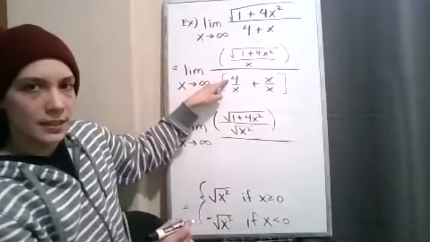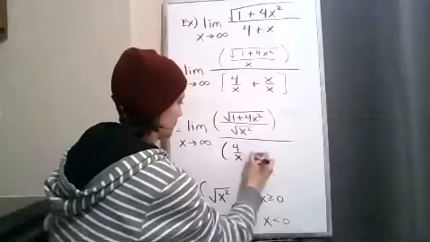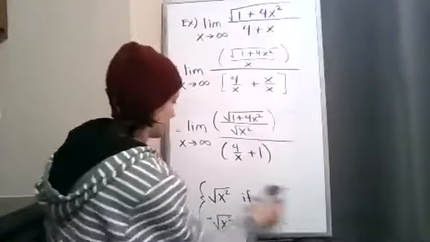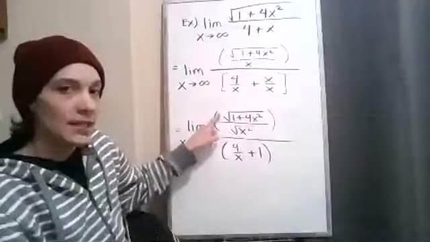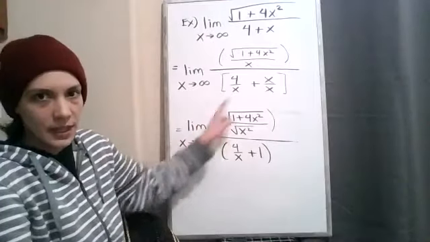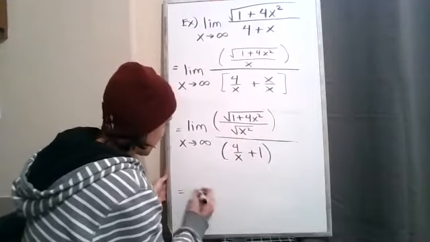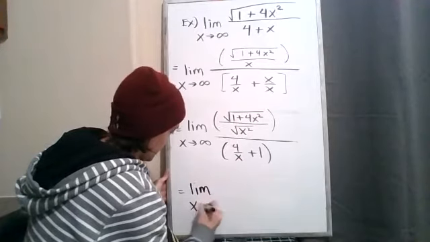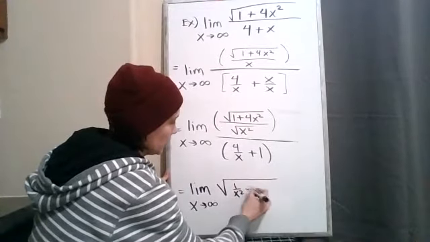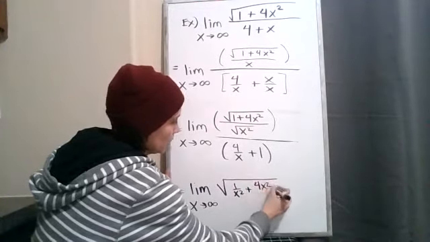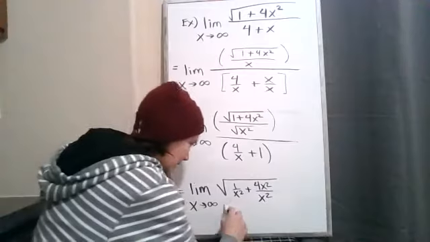This denominator is 4 over x plus 1. Square root over square root, we can bring the root in, it's a square root divided by a square root. So under that root is 1 plus 4x squared over x squared, over x squared plus 4x squared over x squared, and that denominator is still there.